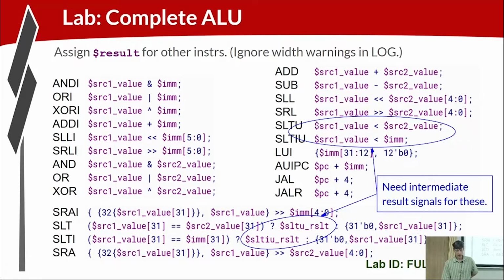I would recommend pulling these comparisons out as separate signals, and then you can use those signals here in these expressions. Basically, I had to do that just so I could fit this on the slide. But that's what's meant here: you can assign to SLTU result, and then use SLT result here for SLT, and same for SLTIU result. Okay, but otherwise it's just going through.